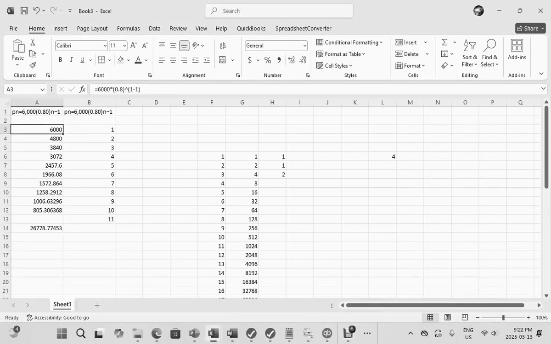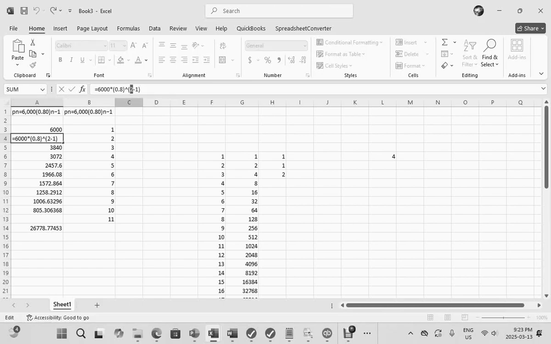You will copy paste this formula in one of the cells, and you will start off with the number 1 for N, which is the value of N. As you move further down, you will use different numbers for the value of N. So for your second calculation, this will be 2 minus 1.